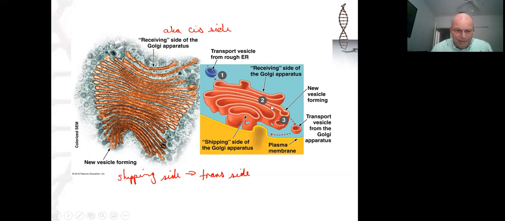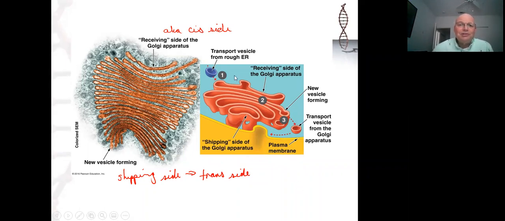They may get repackaged with other polypeptides to form proteins, but eventually they're going to get packaged into another transport vesicle, which is going to then carry them to their final destination, which could be somewhere inside the cell, or in the case of most of them, out to the plasma membrane, where they'll merge with the plasma membrane and release the polypeptides out into the environment. Or if they're polypeptides that are inserted into the membrane, they'll become part of the protein complement of the plasma membrane itself.